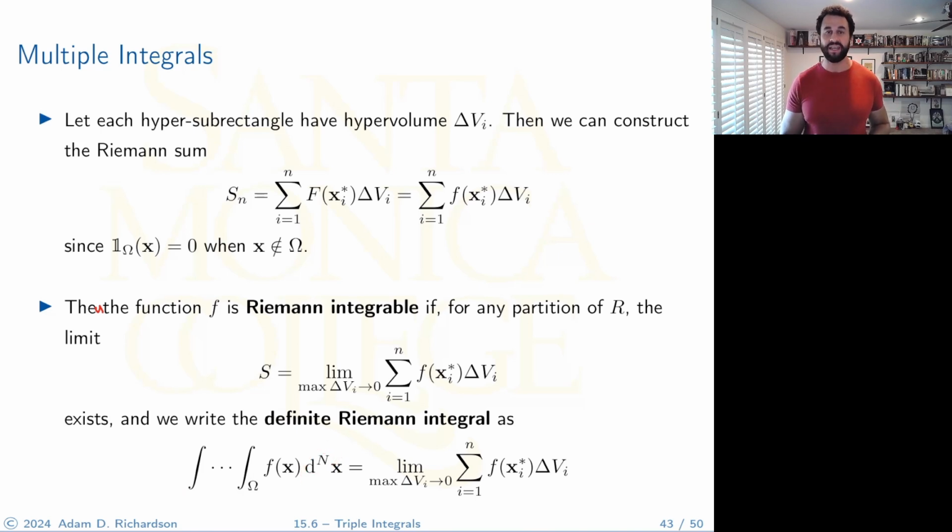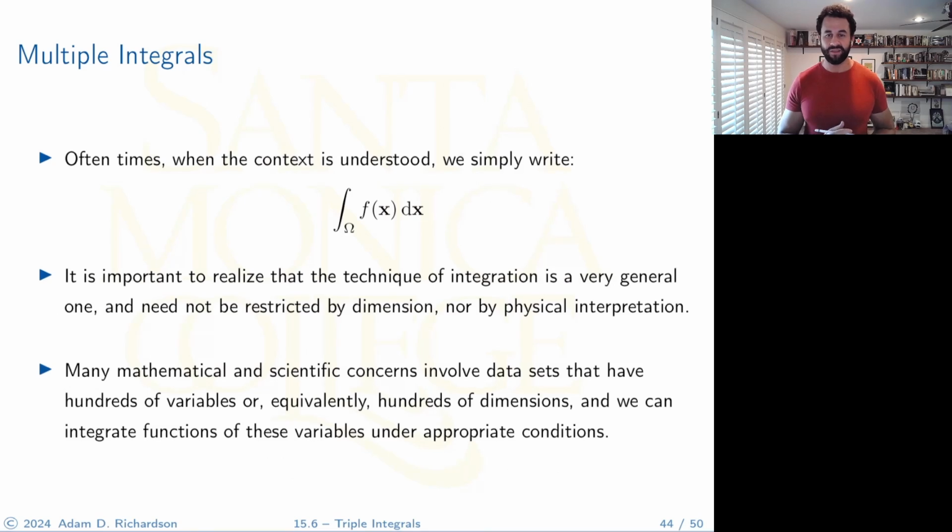This d to the n is just kind of indicating how many differentials you have in this process, because we don't know, right? It's n, it's arbitrary. But this is kind of how we denote it if you want it to be a bit messy. But honestly, typically, when the context is understood, we just write this.